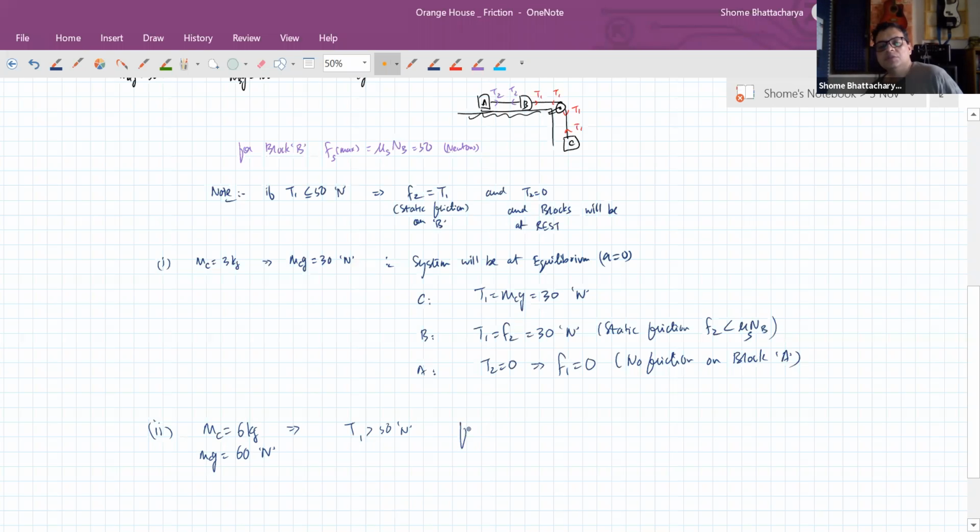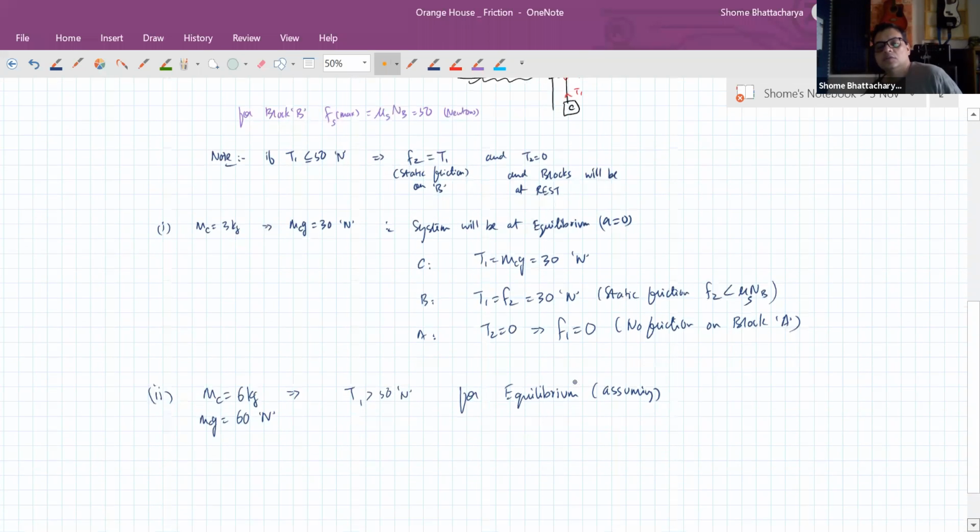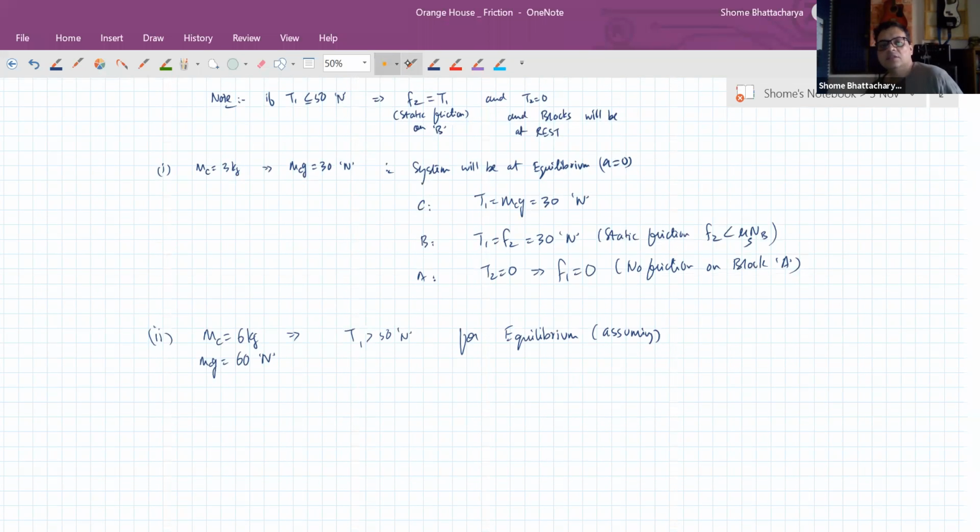So for equilibrium condition, if we assume equilibrium, then now the free body diagrams will have additional force.